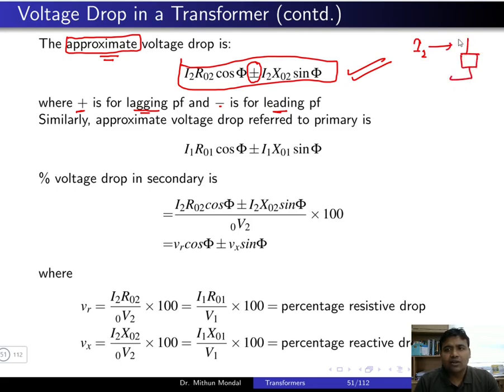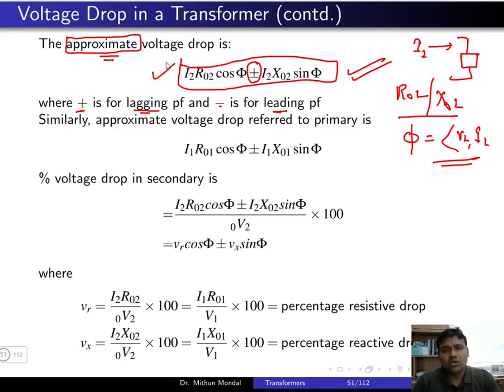You have connected a load on the secondary side, I2 is the current, and R02 and X02 are the total resistance and reactance on the secondary side, where phi is the angle between the voltage V2 and I2, that is the secondary voltage and current. So you can get the approximate voltage drop as I2R02 cos theta plus minus I2X02 sin theta.